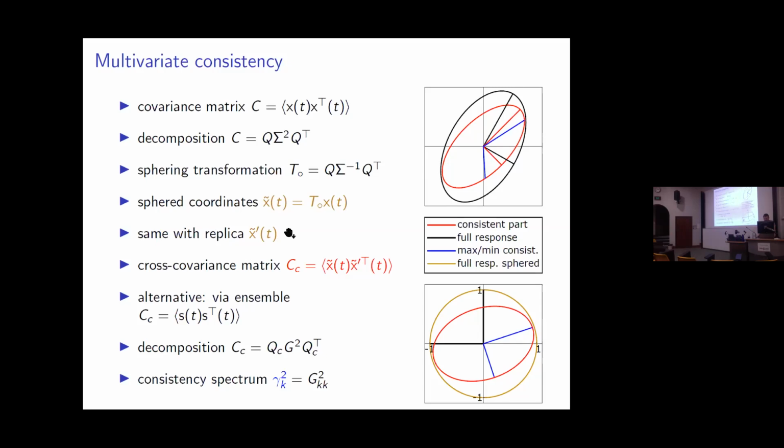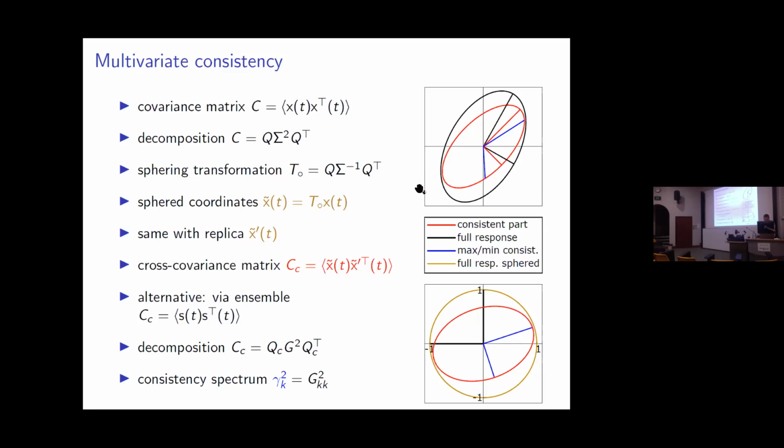And analogous to the correlation for the scalar variable, we look for an agreement of original and replica. And this agreement, so to say, what the common response to the signal is, in the multivariate case is something like an inner ellipsoid that we want to isolate.